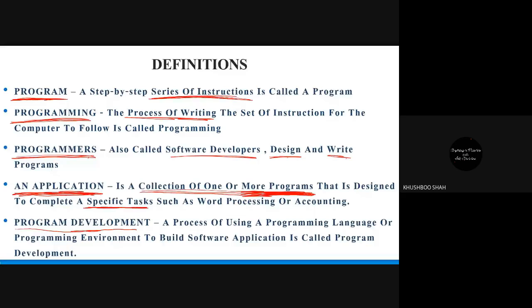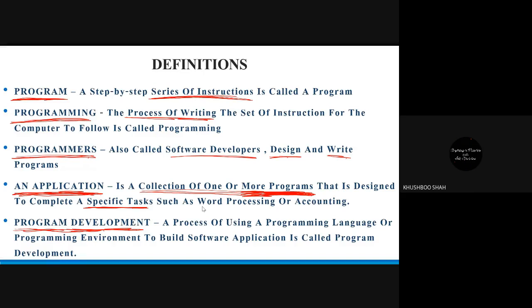As we have already discussed, when you decide your GUI, design your forms, create your database, and then link everything, this whole process of writing a program and designing or creating the database, all together we call program development. Clear, guys? Any query? No, ma'am.